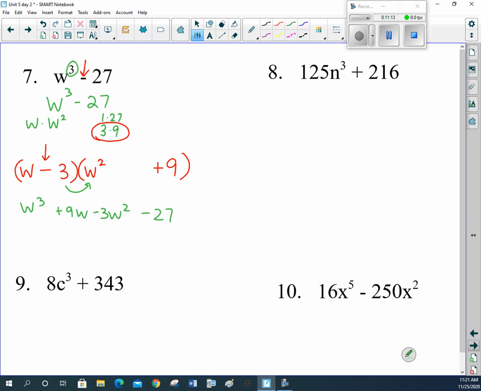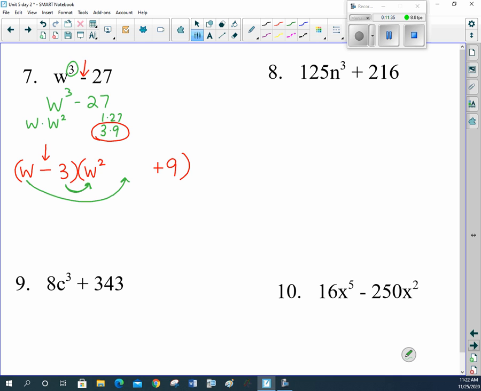So to create that middle term, try to think to yourself, okay, negative 3w squared. Come back to this first w. So I'm going to think of my negative 3. So I'm going to think of this one right here. And then start right here with this w. W times what?